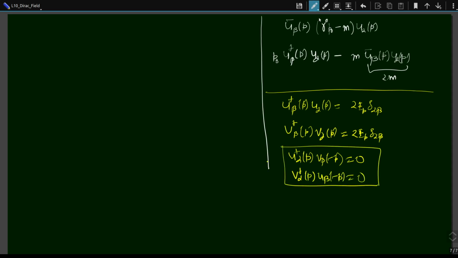There's a specific property for these. Ideally, there is no reason why these 2 have to be 0, but when the momenta are equal and opposite, there is a special property that this u and v also are orthogonal, at the diagonal level as well. These are a set of relations that we are going to use.